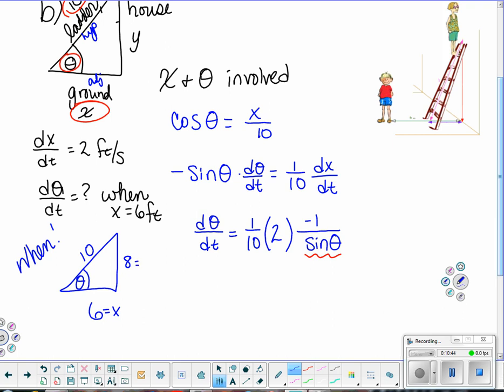This would be 8 feet for y. Sine is opposite over hypotenuse. Opposite is 8, hypotenuse is 10. So I could replace sine theta with its ratio of 8 over 10 there, and that will get us our d theta dt.